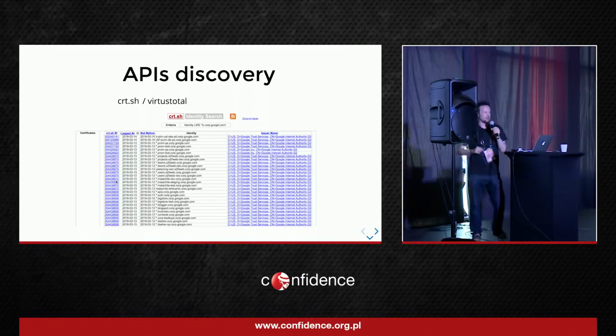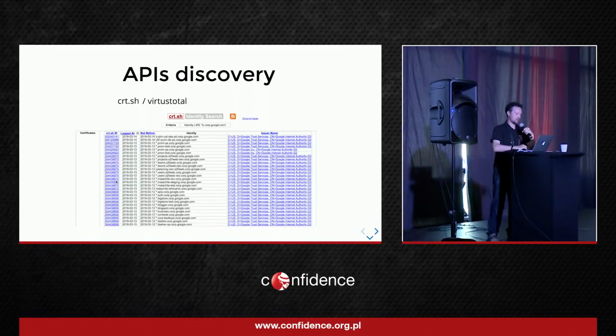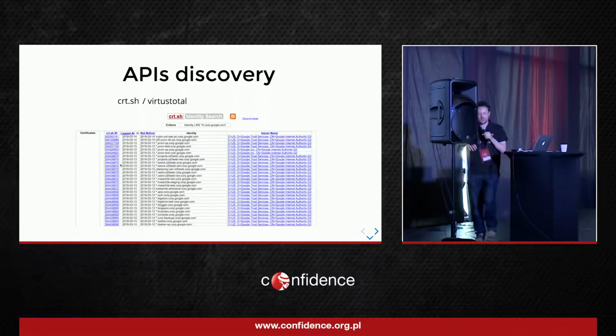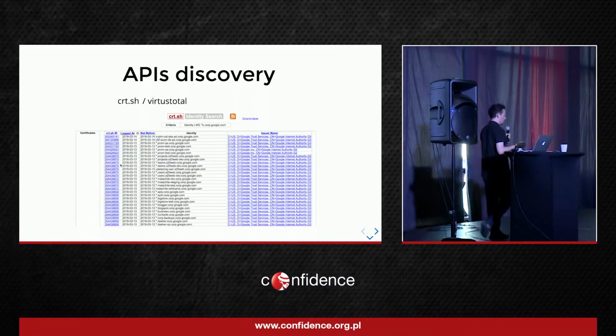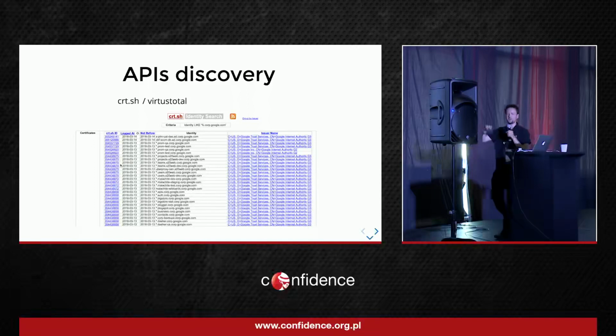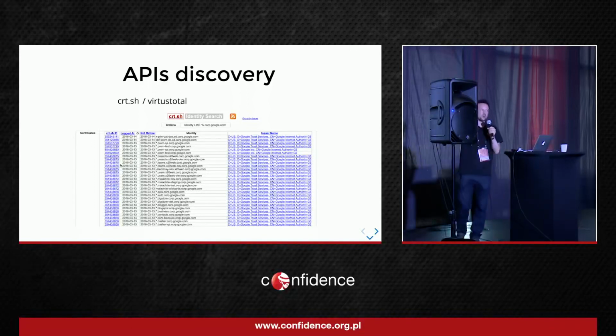It's generally quite nice for web or also network reconnaissance. Basically, if you create an SSL certificate, it can be made for an external or internal domain. This information goes most of the time automatically into a database which is called certificate transparency.